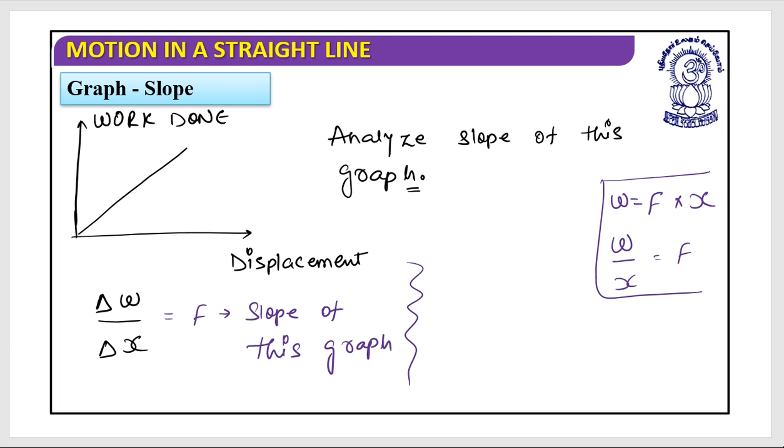Well done, great job. Now what can I tell about the force in this situation? I can come to a conclusion that this is theta, and as theta is not changing, it is fixed, I can say that the force acting on an object is constant.